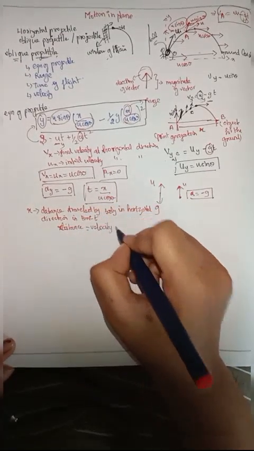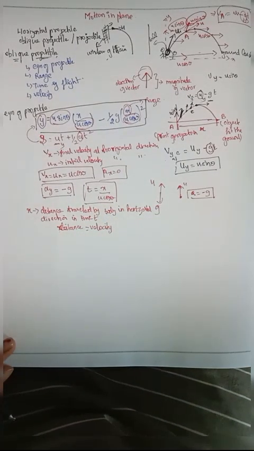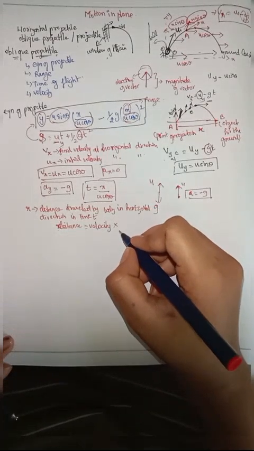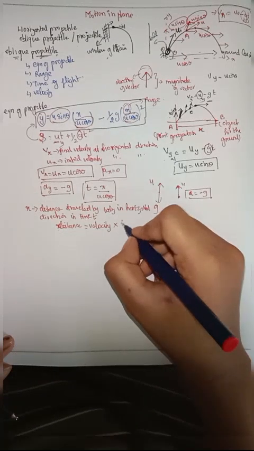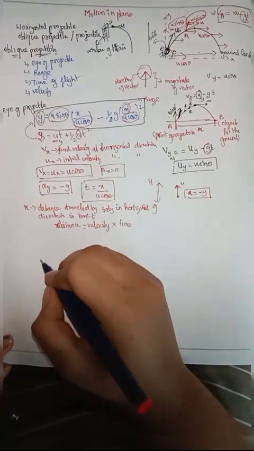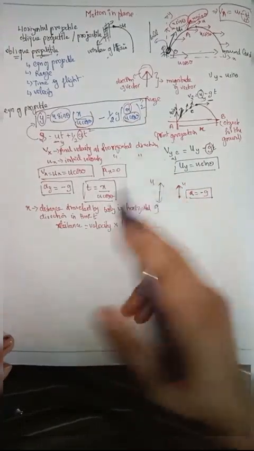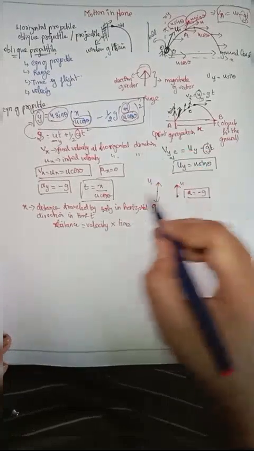Or we can say, correctly, that displacement in time, displacement equal to velocity into time. If the body is moving in the same direction in a straight line, distance is equal to displacement. There is no distance-displacement variation if a body is moving in a straight line.